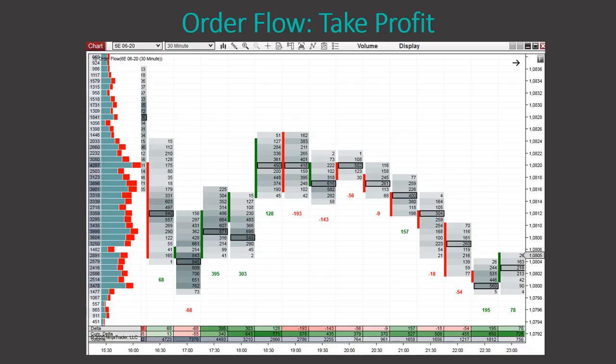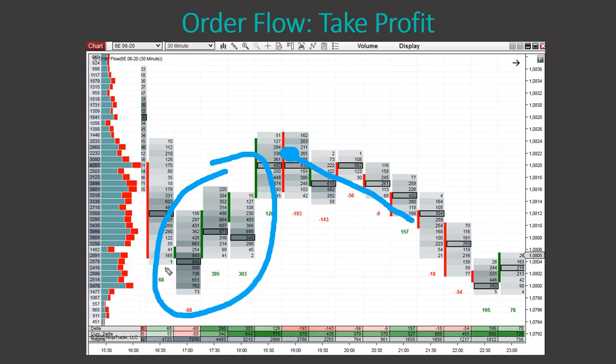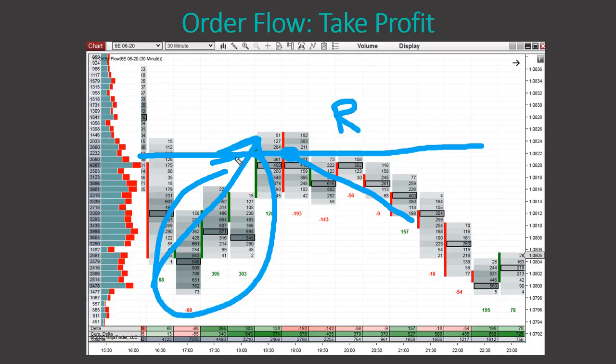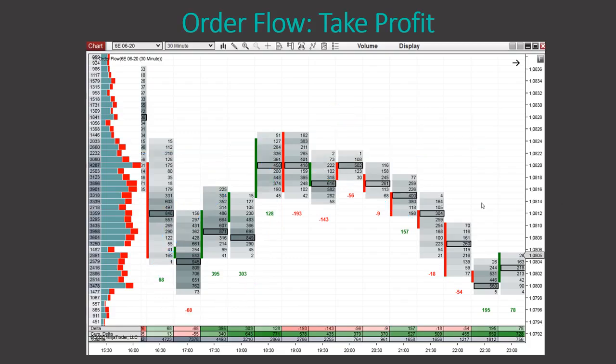Now, in this example, imagine that you are short, for example, from this place. You are in a short trade, and now you are thinking where to take your profit. So you look into this area, you always look into the area where the price went towards your trade entry, all right, towards this resistance. So you look into this area, and in this case it's pretty clear.